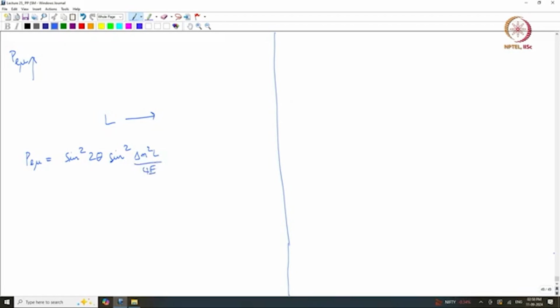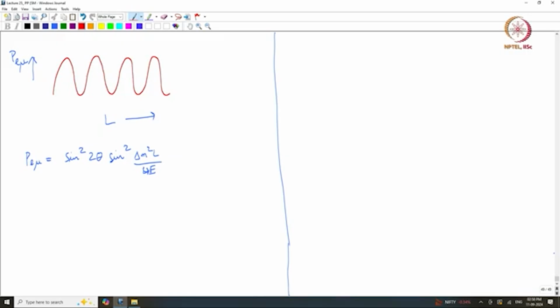Now, how should I plot this as a function of L? It's a sine square, correct? That means I would plot it like this. Okay, very good.